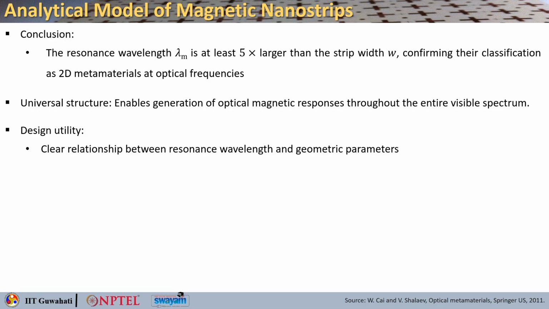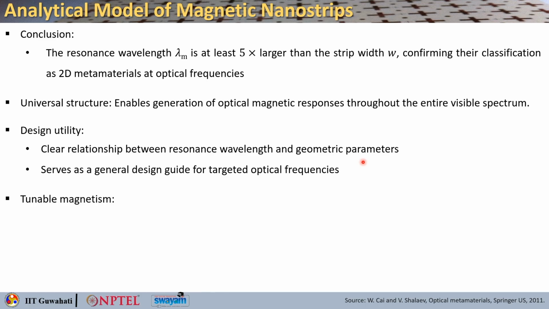The obtained dependence of the magnetic response and the resonance wavelength on the geometric parameters gives us a general recipe for designing such magnetic metamaterial at any particular optical frequency of interest. Okay. So, you can make targeted designs. Additionally, it is possible to tune the magnitude of the effective permeability that you saw in the previous slide.